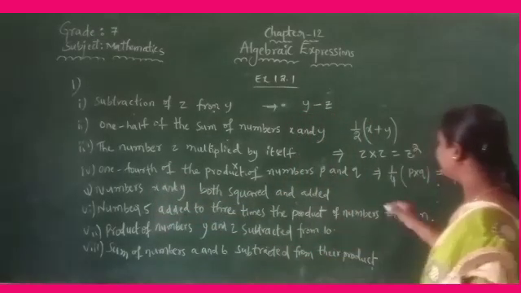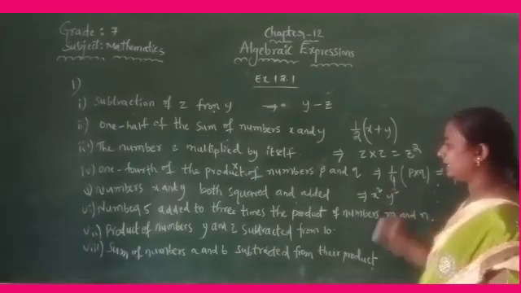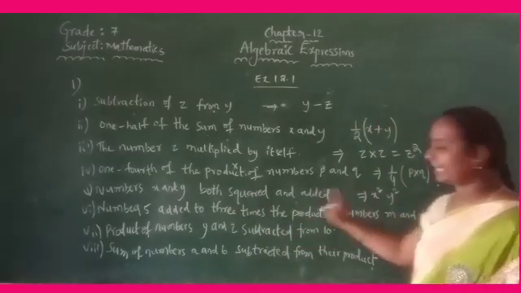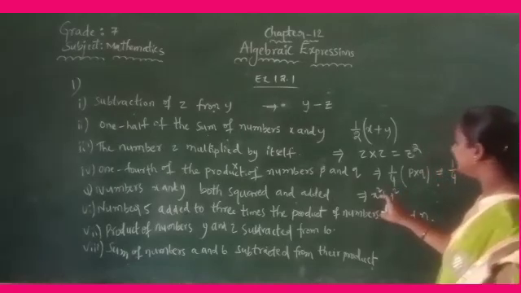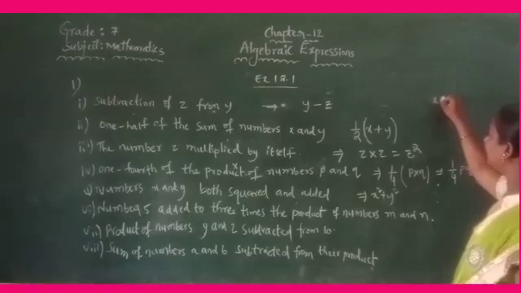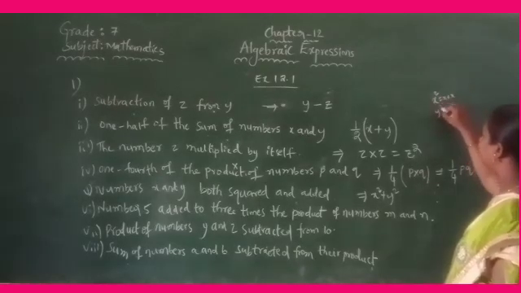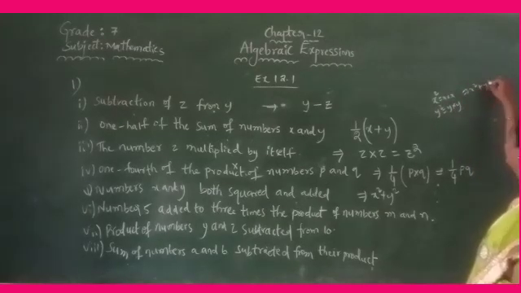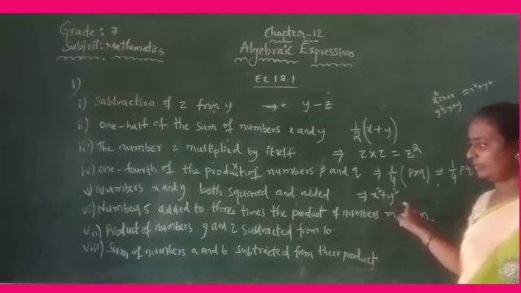So that is x square, and y square also. Both are squared, and added. So that means x square plus y square. X square is x into x, y square is y into y. So like this the expression is formed.